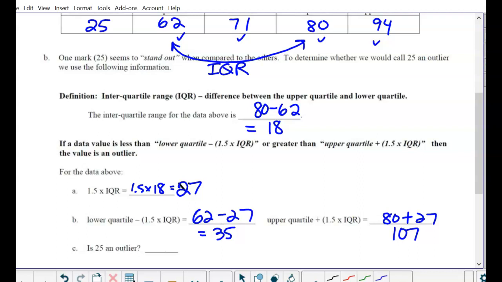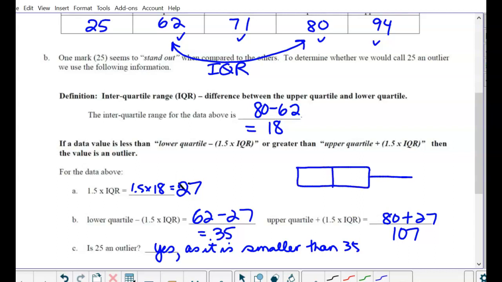So is 25 an outlier? So yes, as it is smaller than 35. Okay, so it's basically, let's say this is your original box and whisker.